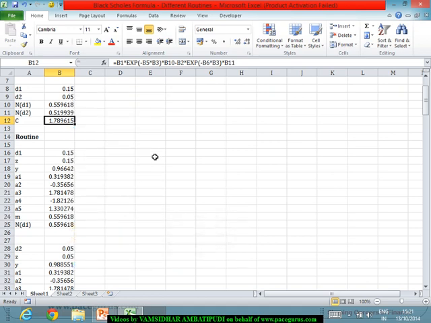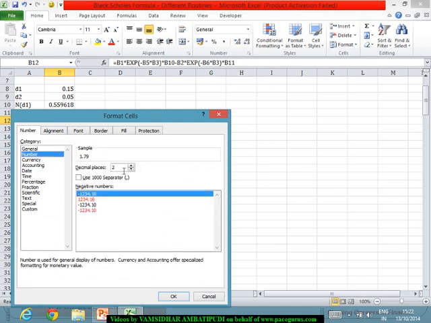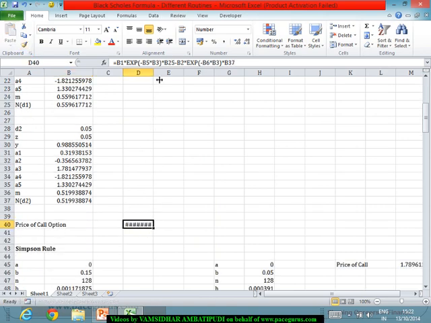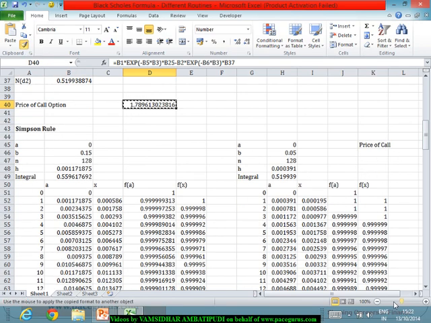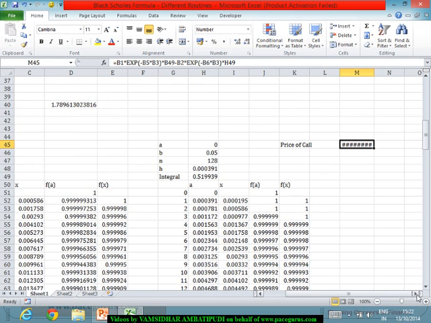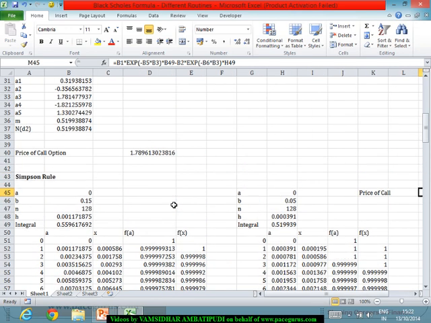Even this mechanism is giving 1.789615. So probably just trying to increase the precision a little bit, probably going for 12 digits post the decimal point. In all the cases, I'm taking 12 digits post the decimal point, and even here when I'm looking at 12 digits post the decimal point, $1.789614929076.